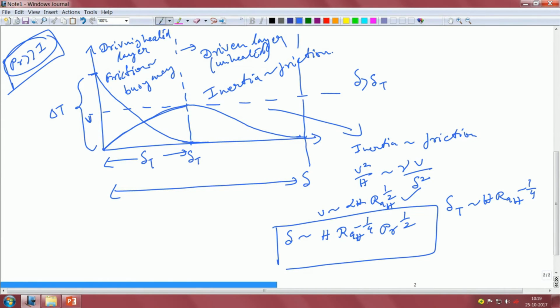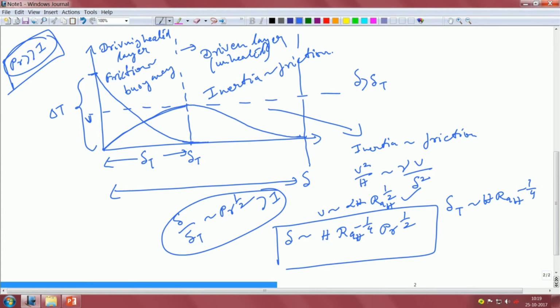Of course, your delta by delta t is basically a Prandtl number to the power of half kind of a relationship, if you divide the two, and it is greater than 1. So, this is one of the important relationships that you should recognize here.